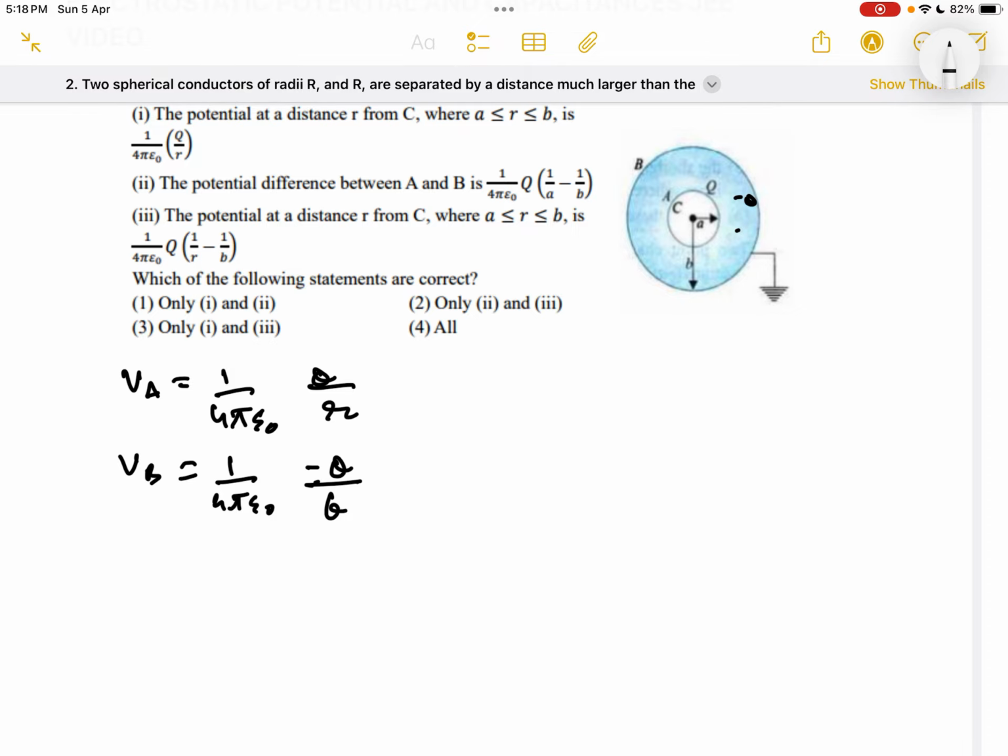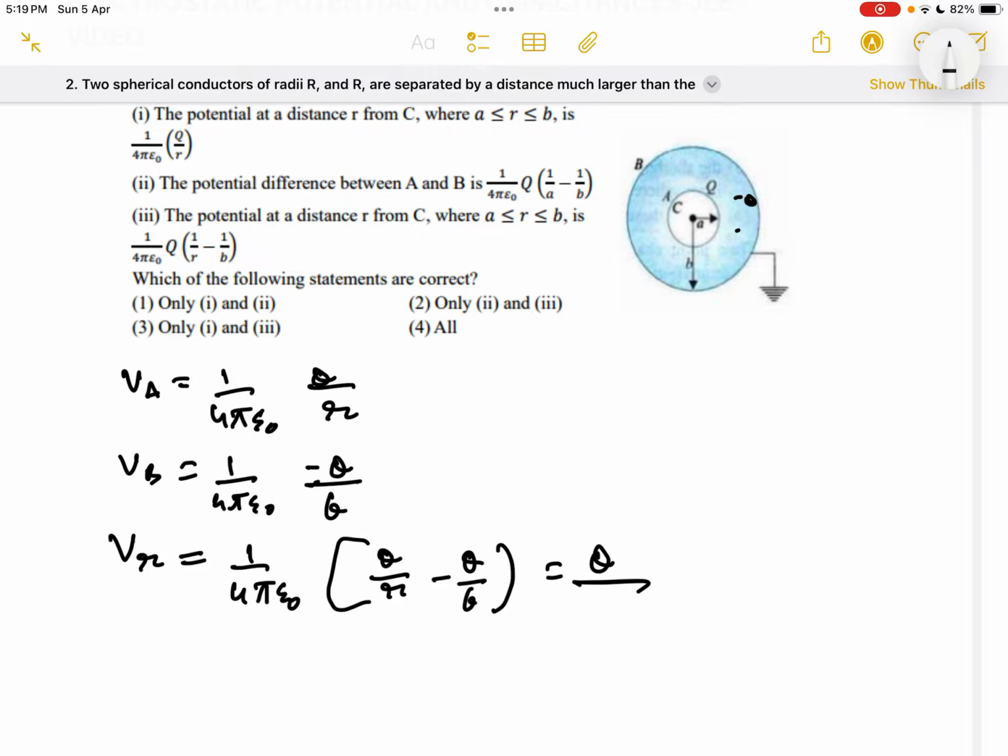So having said that, potential at that distance, V(r), would be equal to 1 by 4 pi epsilon naught, q by r minus q divided by b. If you pull out q as a common factor, it would be q by 4 pi epsilon naught, 1 by r minus 1 by b. So that doesn't match with option 1. So that's not the correct answer.